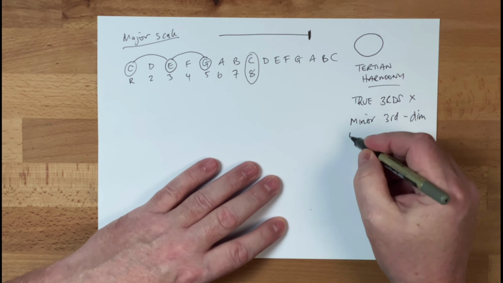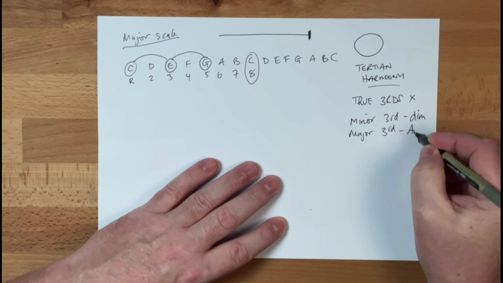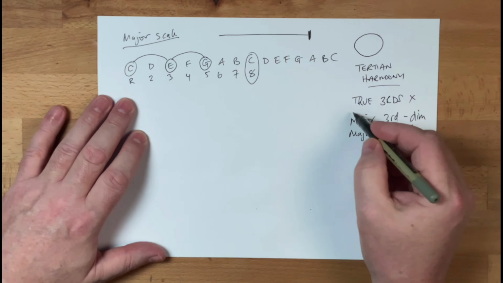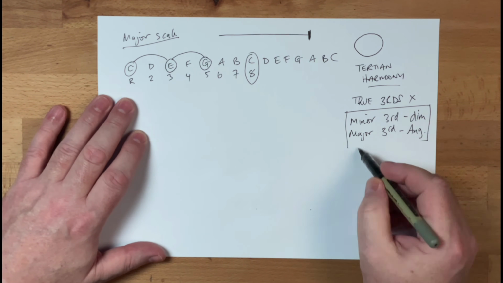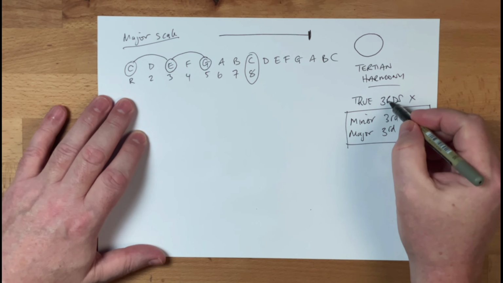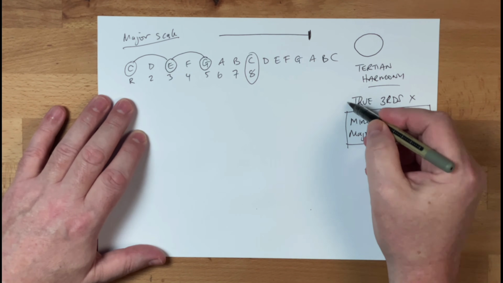If we had major thirds, we start to get into the realm of augmented chords. This is a topic for another lesson. I don't really want to get into that because it's quite complicated. But the true thirds, that's what these are.